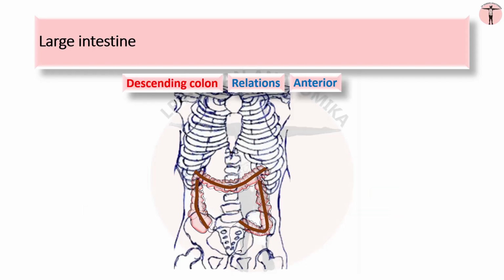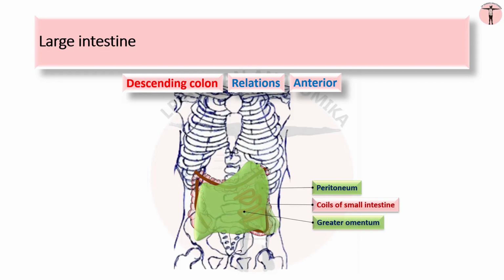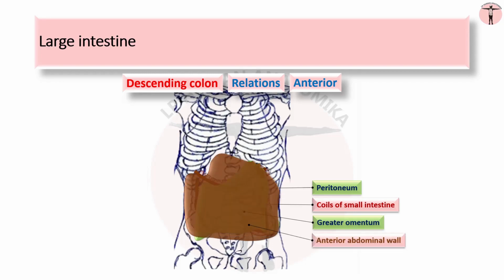The relations are: the peritoneum covers the front and sides and binds it to the posterior abdominal wall. Anteriorly, the descending colon is related to coils of small intestine, the greater omentum, and the anterior abdominal wall.